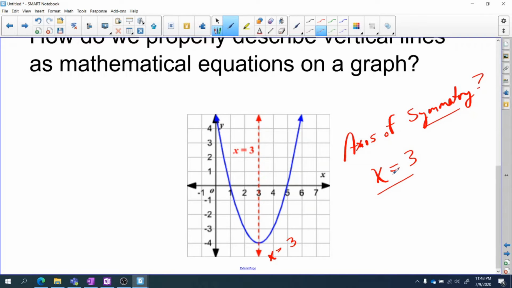Really, really important that you use proper notation. So if I have a chart that says identify the equation of the axis of symmetry in the following quadratic, and you just write 3, I'm going to probably take off half a point or something. All right, so make sure you're using correct notation. Any vertical line is x equals the number that it passes through.